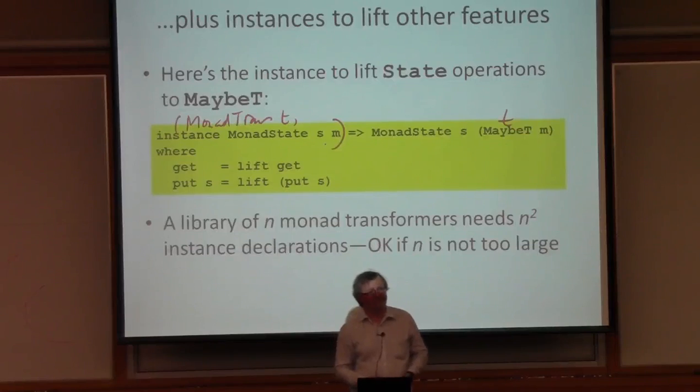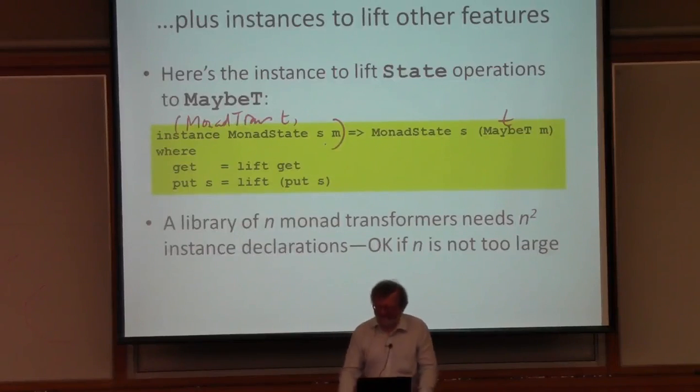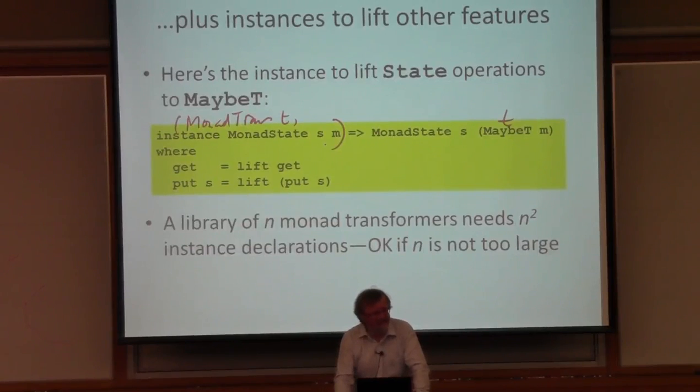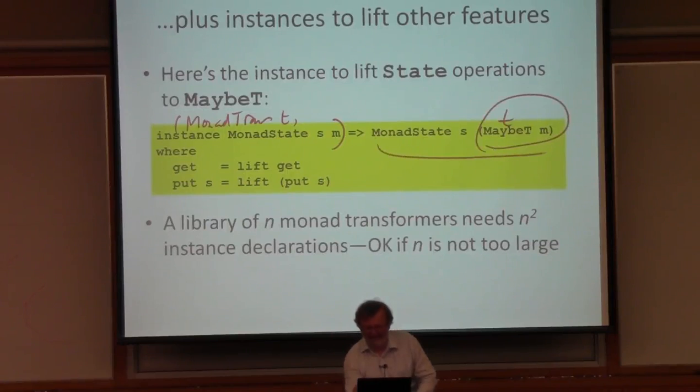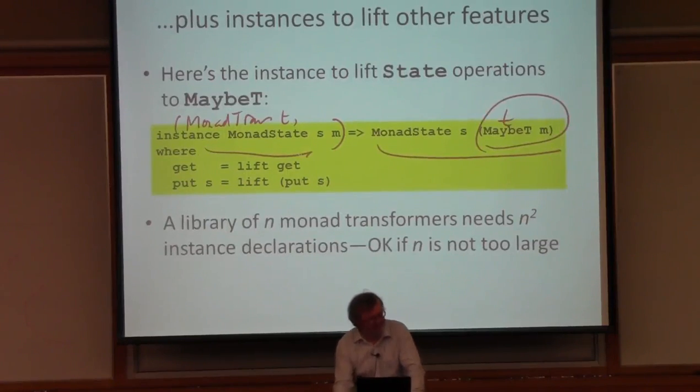Can't do it. And the reason you can't do it is, I think, a technicality about the way that the Haskell class system works. The type checker will look at this and will say, oh, look, T of n. I want to show that that's a monad state. I can simplify this constraint to this one. Sometimes that's the right thing to do. Often it's the right thing to do, but not always.